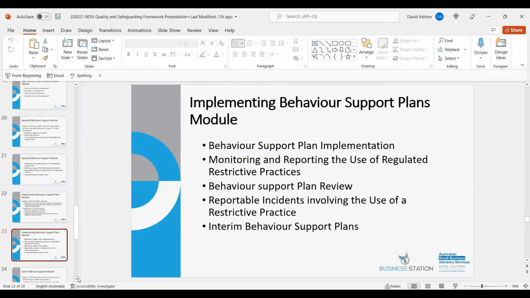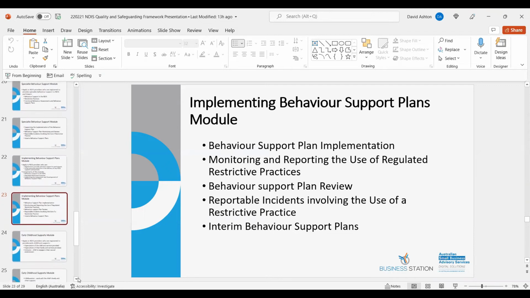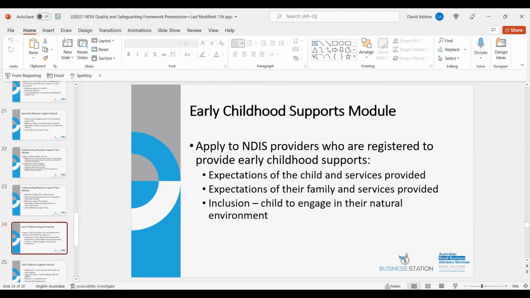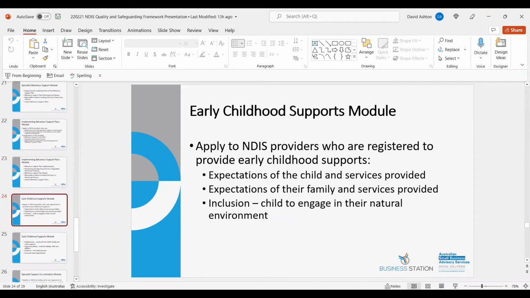So now we're going to look at the other remaining aspects of the modules which may or may not apply to yourself. Early childhood. So if you're providing services to early childhood, and for the purpose of the NDIS, it's anyone under the age of 18. And you might want to split that up into age ranges when you're developing your procedures.